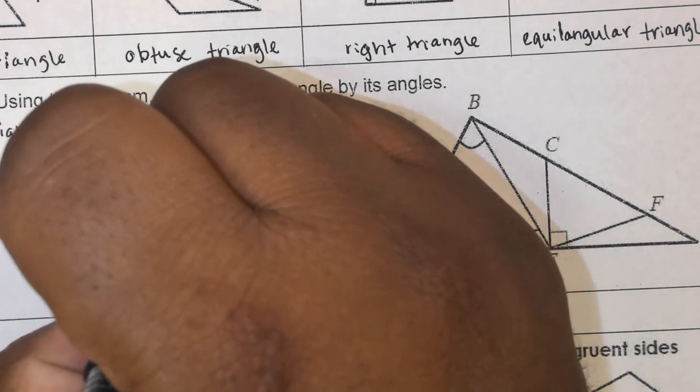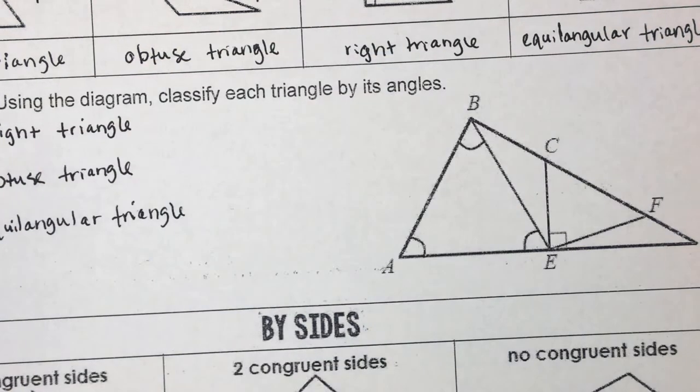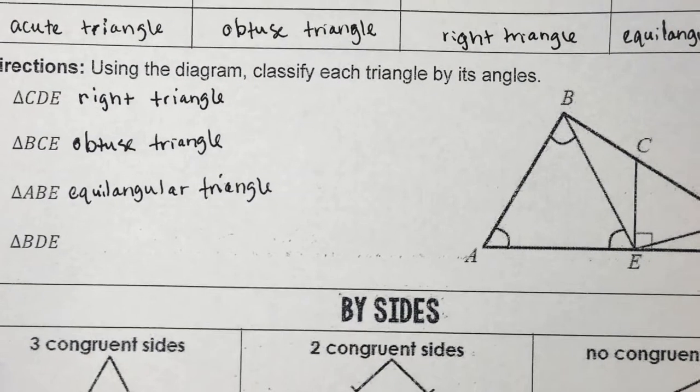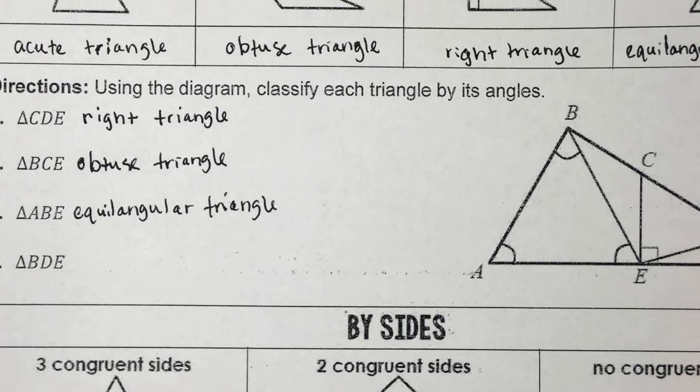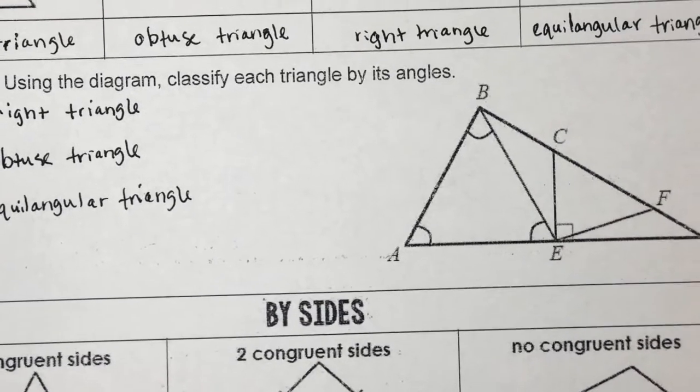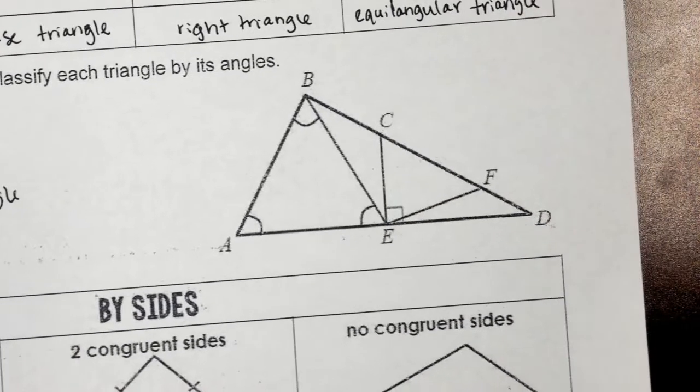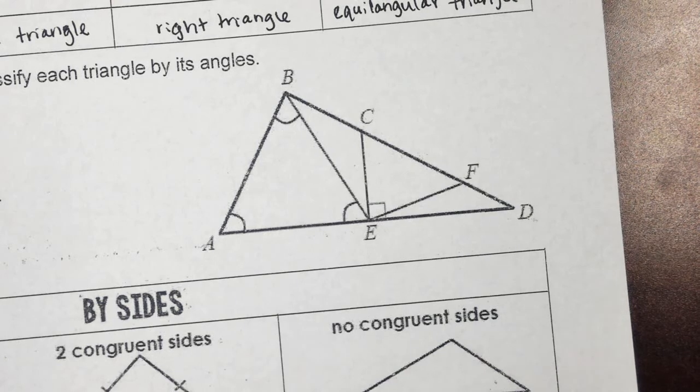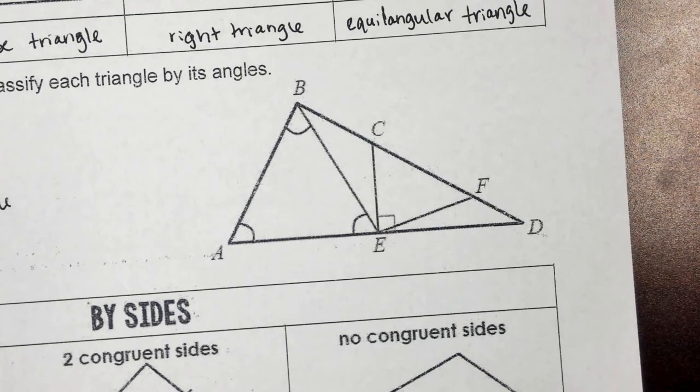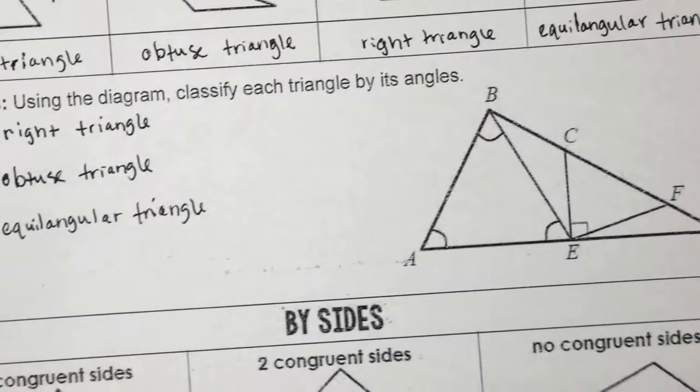Triangle BDE. Billy, finish us off. Yes, obtuse.